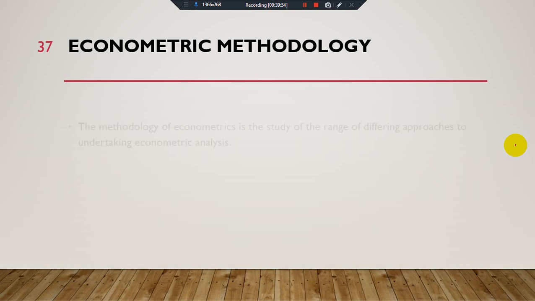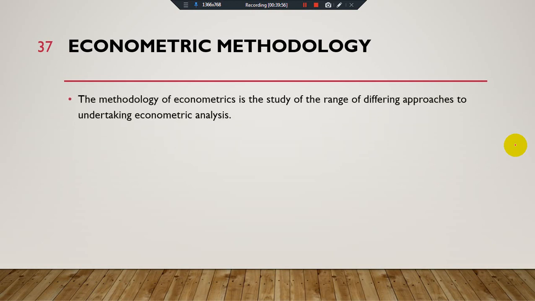While talking about the econometric methodology, the methodology of econometrics is the study of the range of differing approaches to undertaking econometric analysis. Like you have unit root tests, regression, different forms of regression, diagnostic tests. All these types of things are called the econometric methodology.